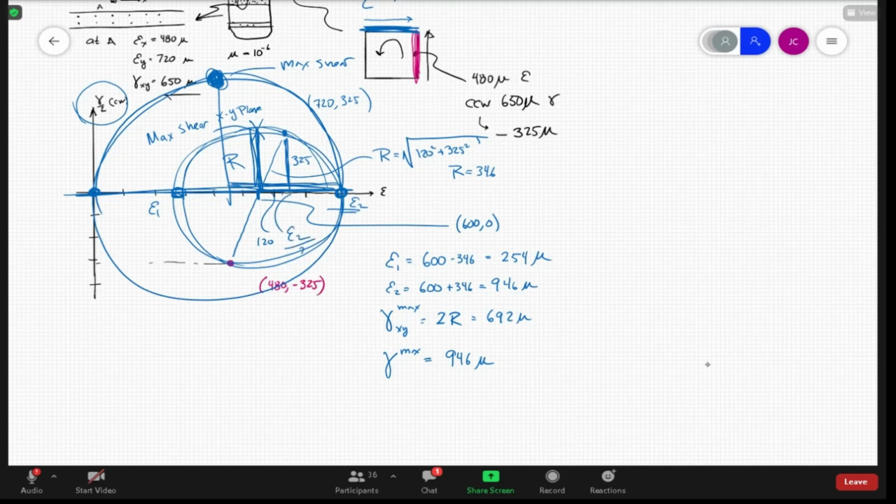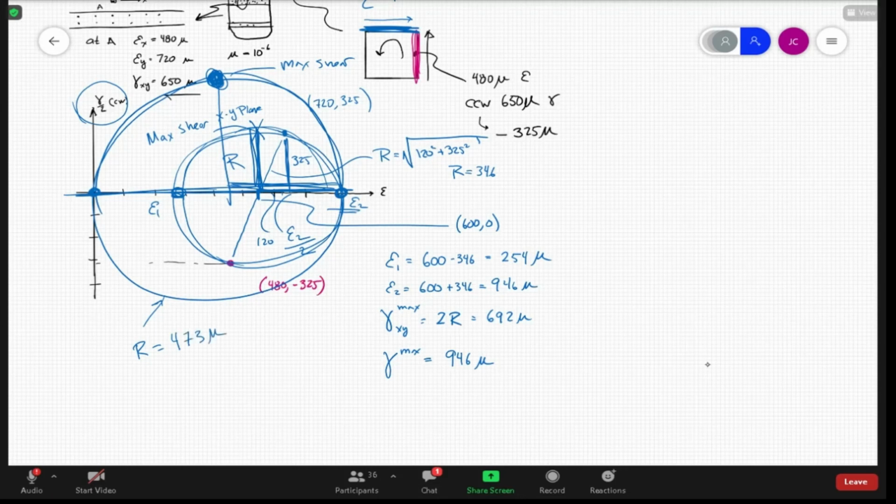The radius of this bigger circle, this radius here, is actually equal to the second principal over 2, right? Which is the 946 divided by 2. Oops, I'm sorry. Okay. So the radius of this circle is 473 microstrains, okay?